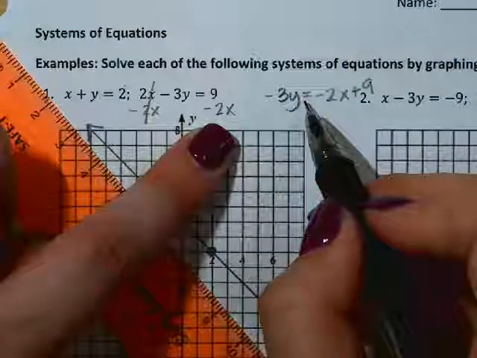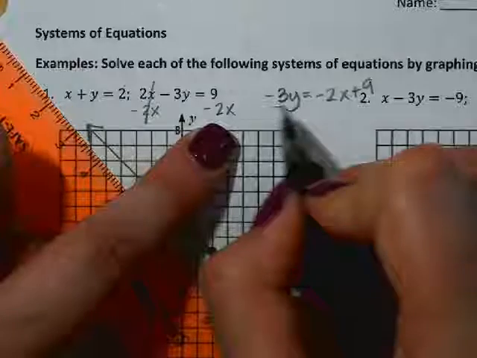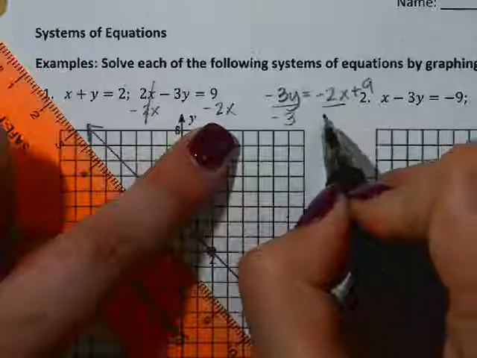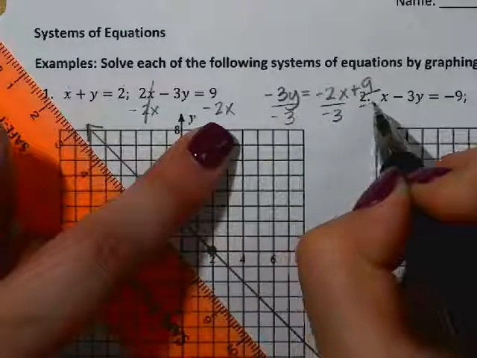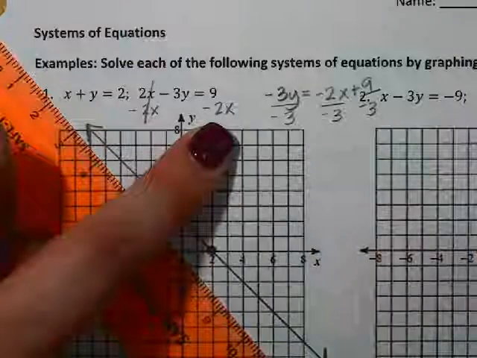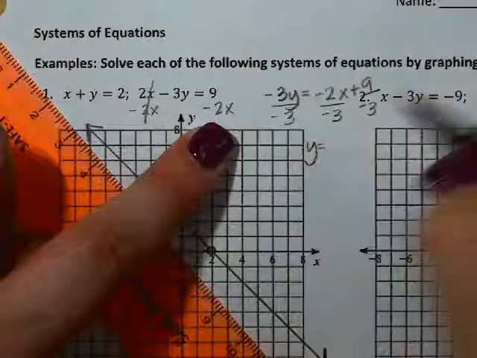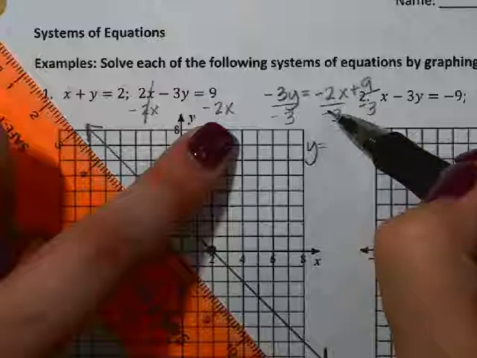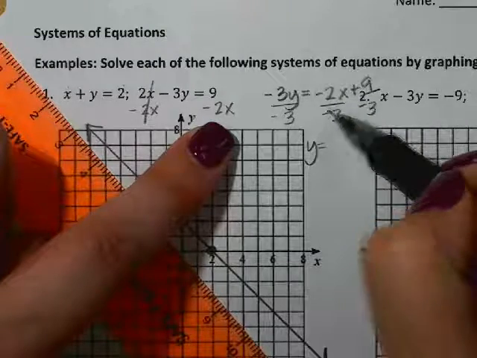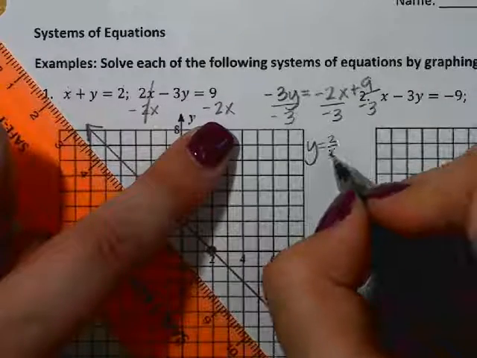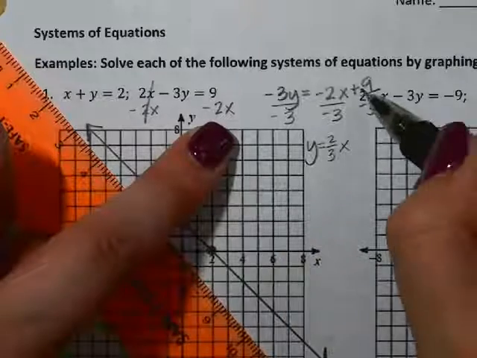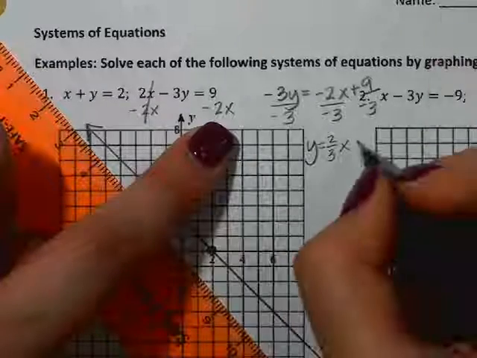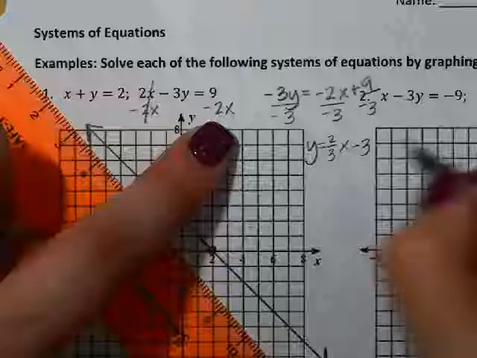And then to get the y by itself, I'm just going to divide by negative 3. So y equals negative divided by negative is positive 2/3 x. Positive 9 divided by negative 3 is negative 3.